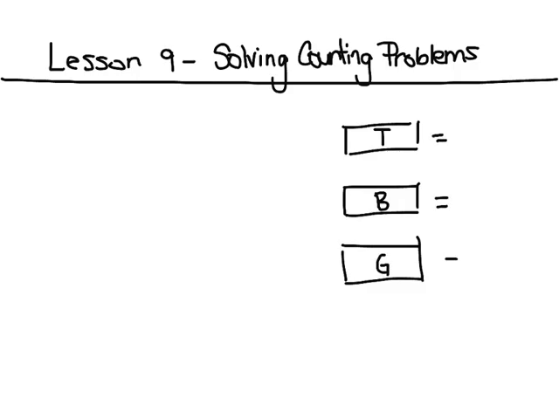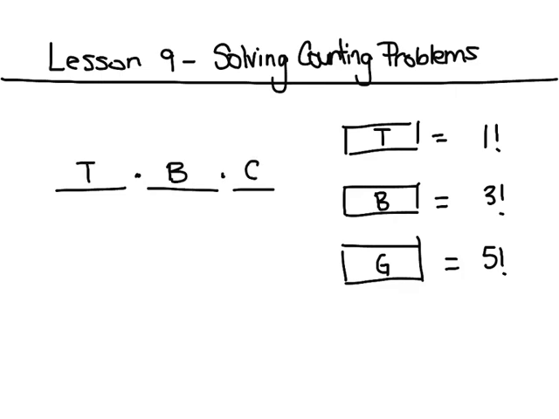Within that group, though, there's one teacher, so there's 1 factorial way that the teacher can sit. There are 3 boys, so there's 3 factorial ways the boys can sit, and there are 5 girls, so there's 5 factorial ways that the girls can sit. So you have 3 events. We're multiplying them together. We have the teachers, the boys, and the girls.